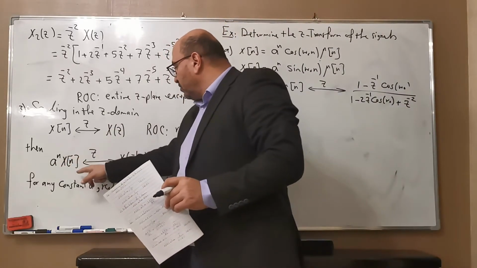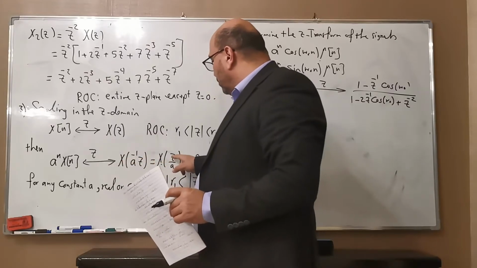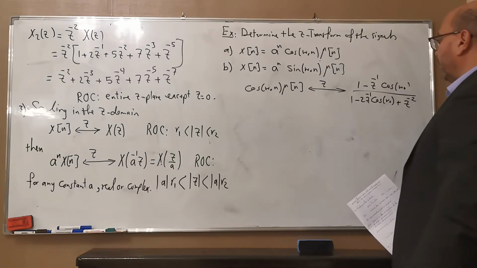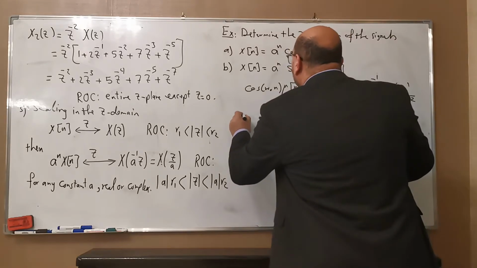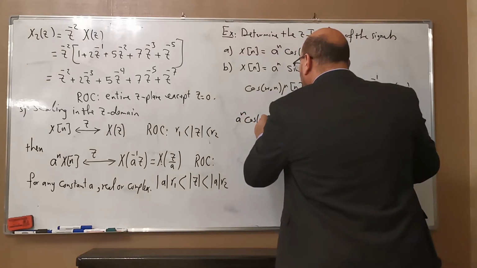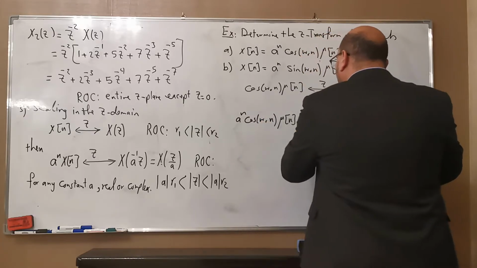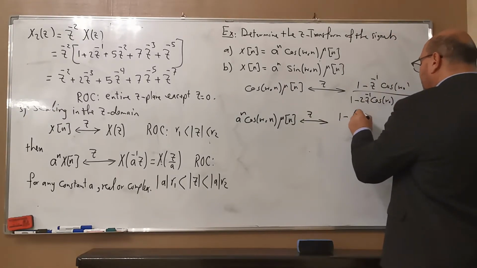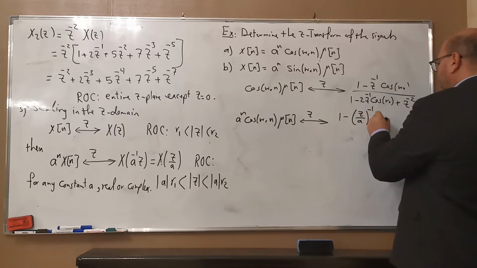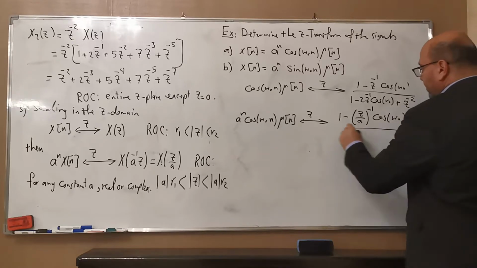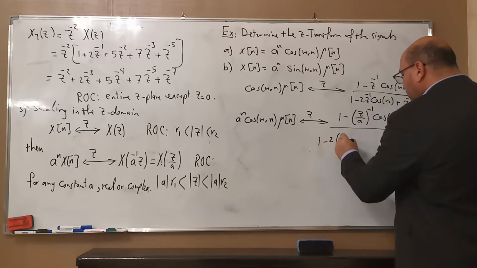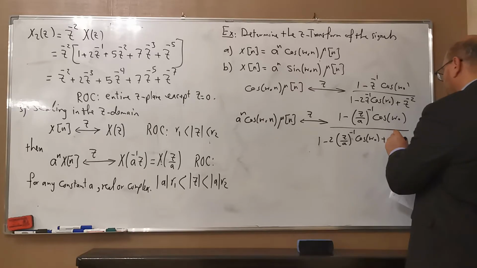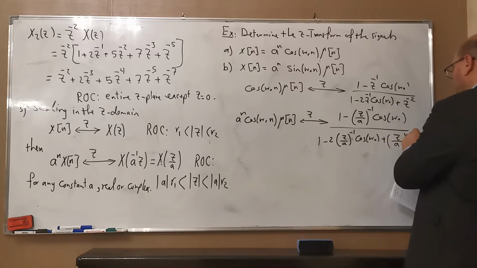Now if you have A to the n x of n, this is equal to x of z over A. So we are going to substitute for each z, z over A. So A to the n cosine omega 0 n mu of n should have the Z transform equal to 1 minus, instead of Z, I'm going to substitute Z over A to the minus 1 cosine omega 0, divided by 1 minus 2 Z over A inverse cosine omega 0 plus Z over A to the minus 2.